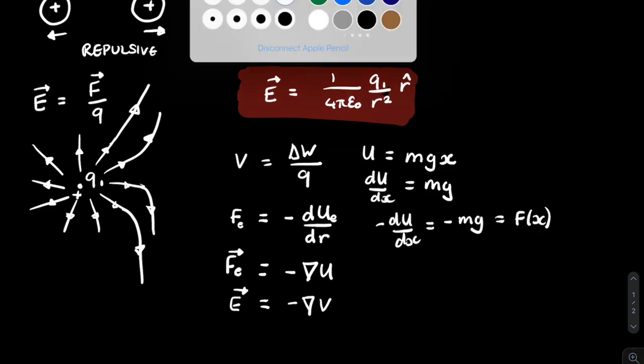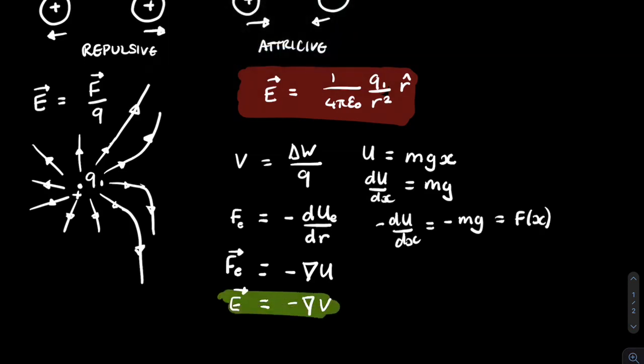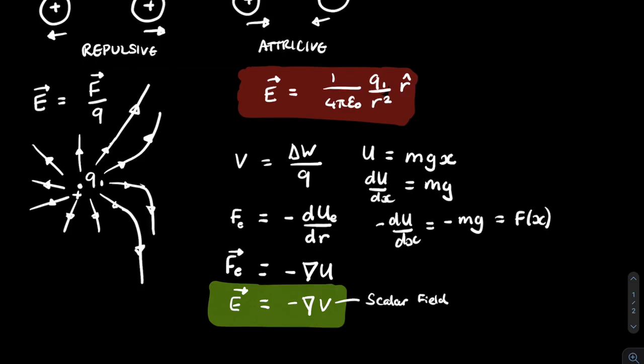This is a very important equation. It's relating the electric field to the electric potential. And just like in the case of force and potential energy, the electric field is intrinsically linked with the electric potential. One pretty important thing that I haven't mentioned is that this value V is a scalar quantity, so this is a scalar field. It simply has a magnitude at all points in space.